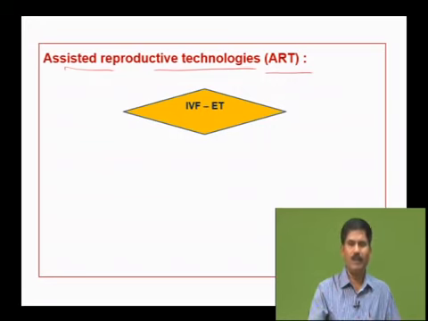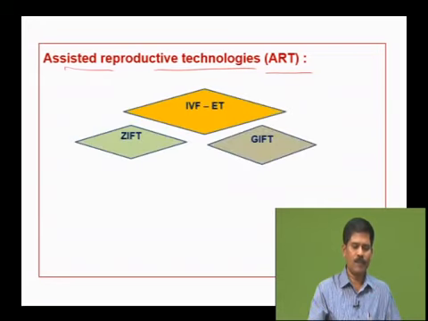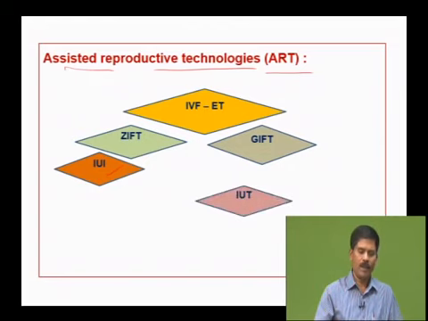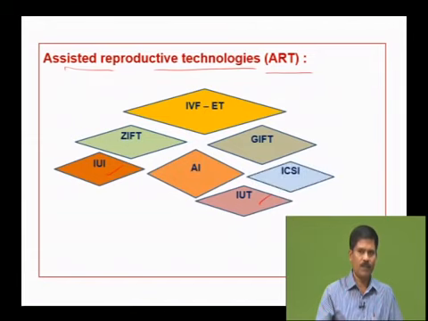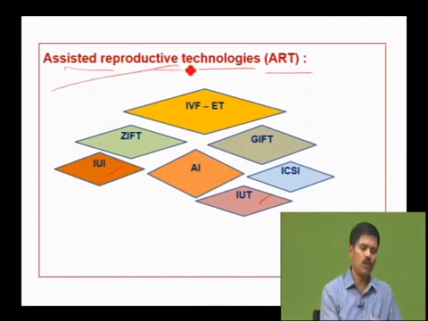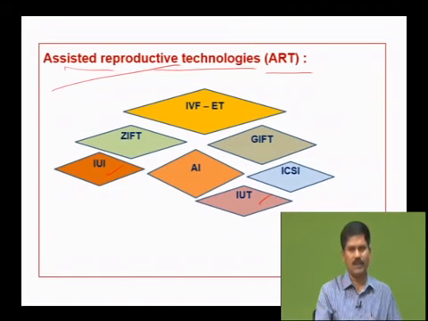These include IVF-ET, in vitro fertilization and embryo transfer, then ZIFT, zygote intrafallopian transfer, GIFT, gamete intrafallopian transfer, IUI, intrauterine insemination, then IUT, intrauterine transfer, then AI, artificial insemination, and intracytoplasmic sperm injection. These are some of the technologies used to assist infertile couples to have children, therefore called assisted reproductive technologies.